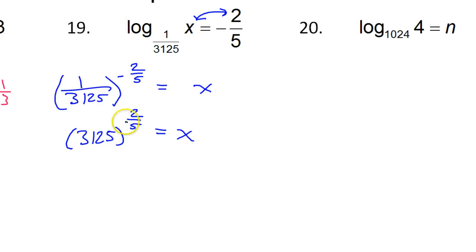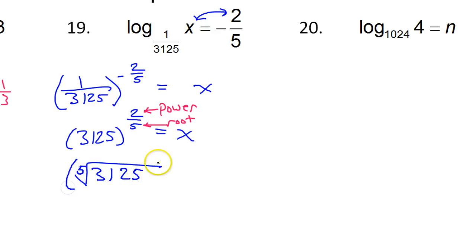When you have a fractional exponent, what you're looking at is a power over the root. This is the power and this is the root. So 5th root, focus on that. So what we're really dealing with here is the 5th root of 3,125. And then whatever we get for that, we're going to do the 2nd power to it.